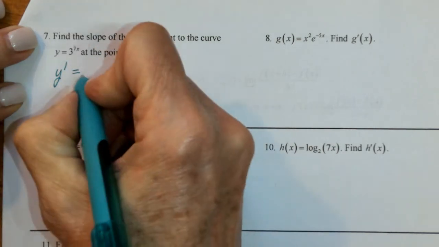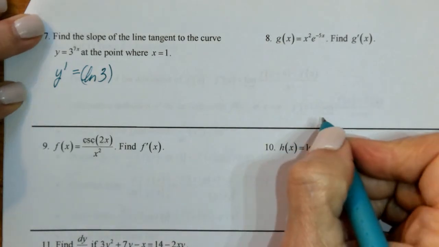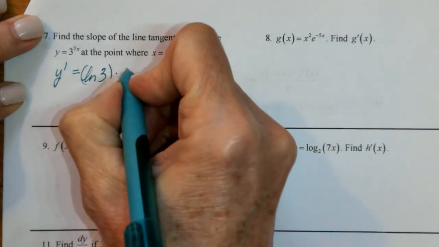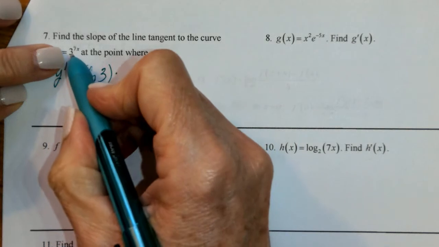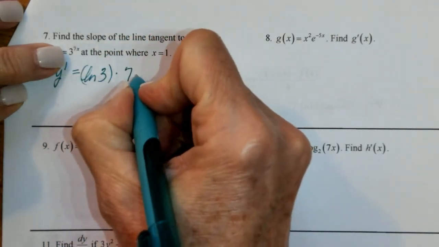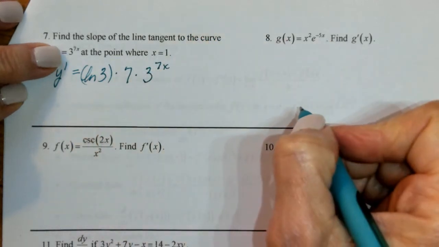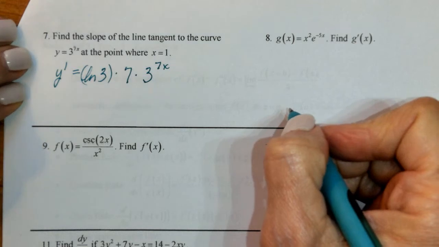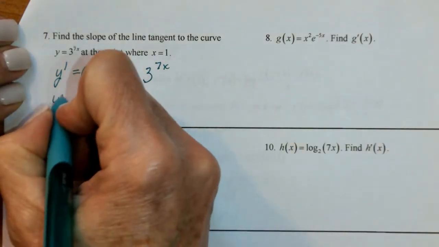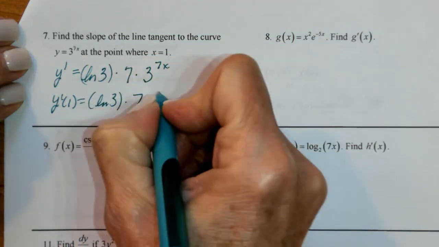So I need to begin by multiplying by natural log of 3. That's my thought process. And then we just have the derivative, we take u prime, so that would be the 7, and then we have 3 to the 7x, just like if it was an e to the u. Then we put in 1 for x, so we'll have natural log of 3 times 7 times 3 to the 7.